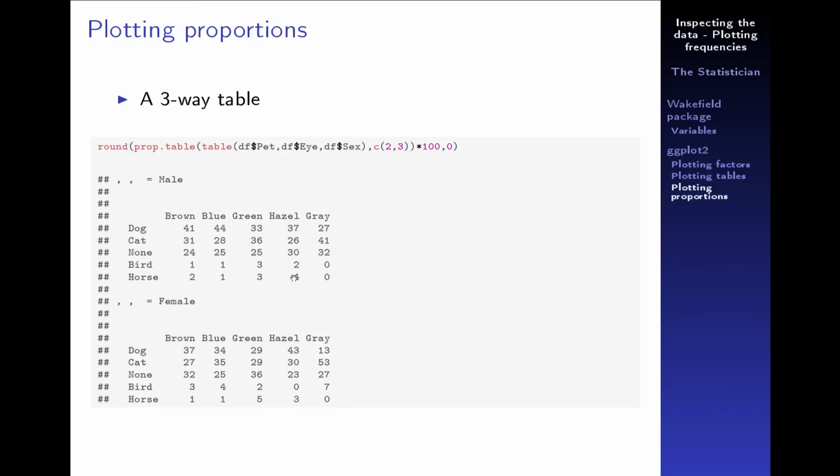and we can have more categorical variables. We can also use a proportional table. In this case we have the information about the share of each pet level within the different eye color and within the gender.